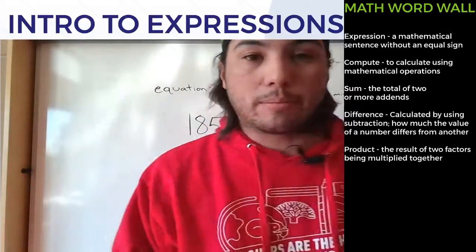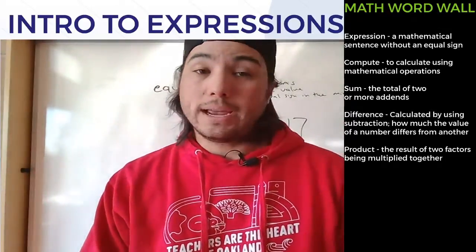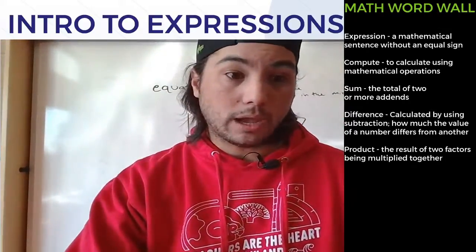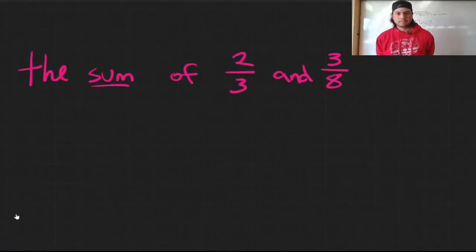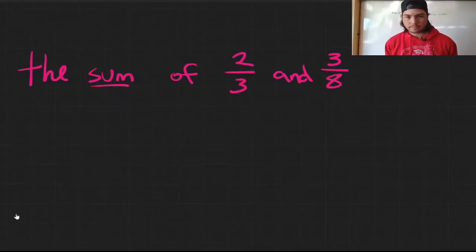Let's go to our digital whiteboard, and we're going to practice writing some expressions. So our first one says this: the sum of 2/3 and 3/8. Now, reminder, just for today, I actually don't want to know what the sum of 2/3 and 3/8 is.